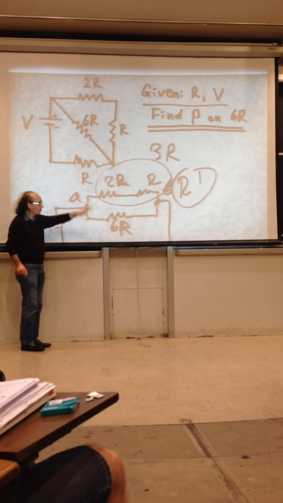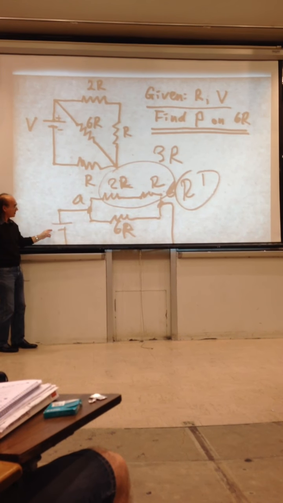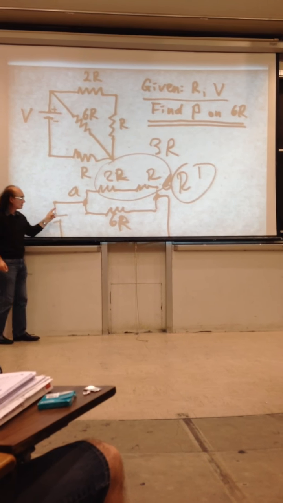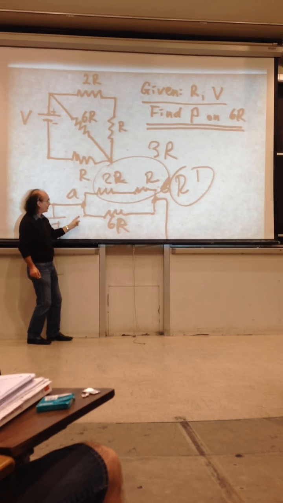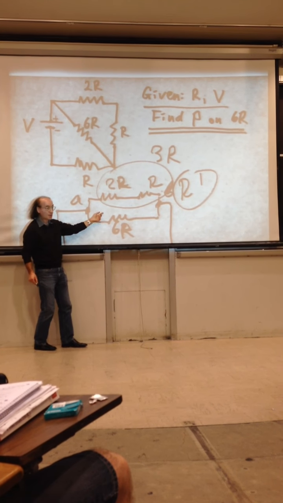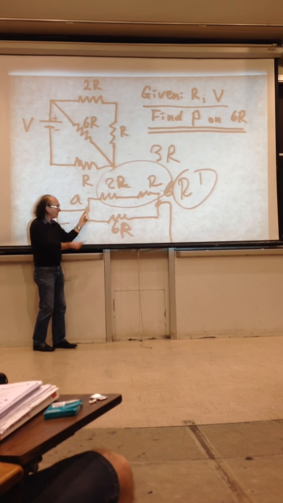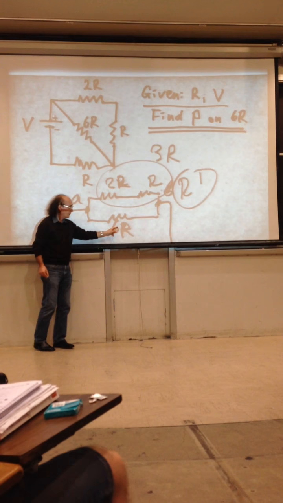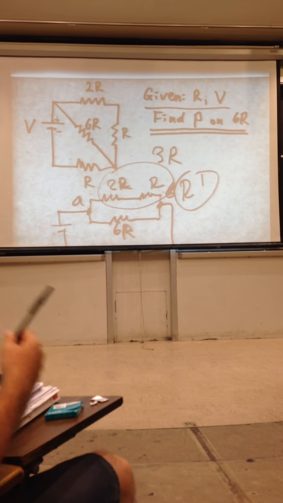Determine total overall resistance. Determine total current by dividing voltage by that total resistance. Now you know the current in this unit. Now determine the total resistance of these three. Current times the resistance gives you the voltage between A and B. Now that voltage squared divided by this resistance is the power delivered to that resistor.